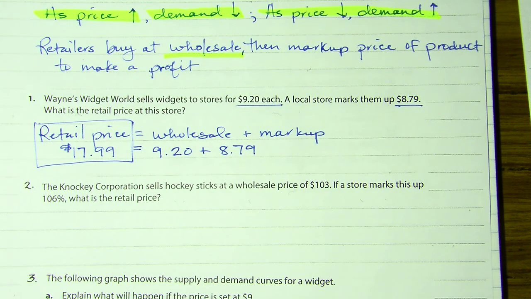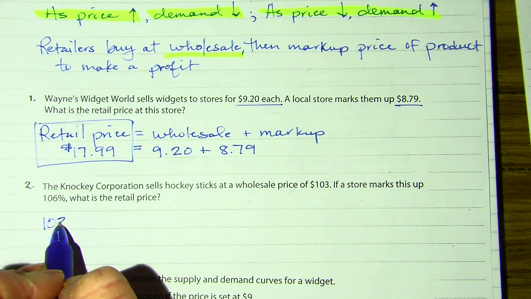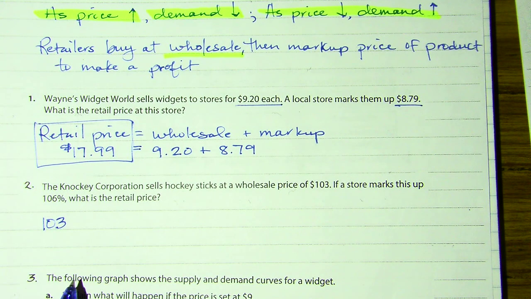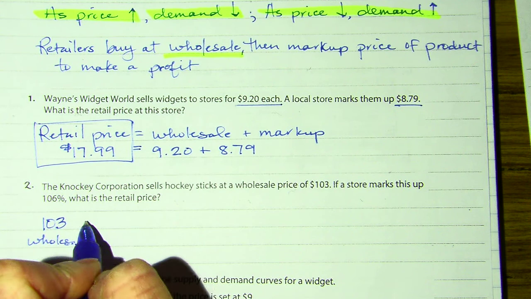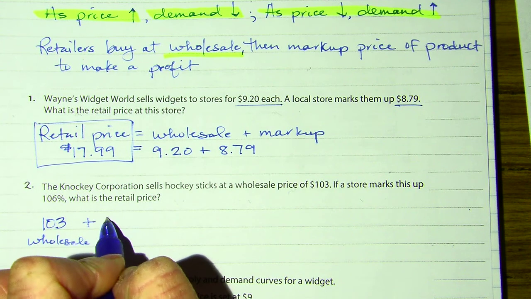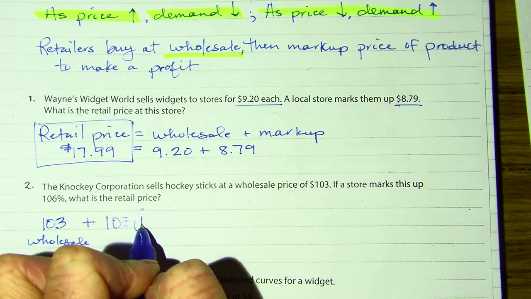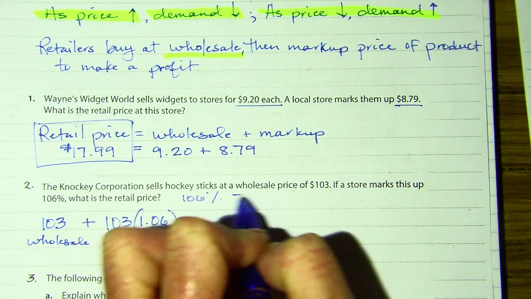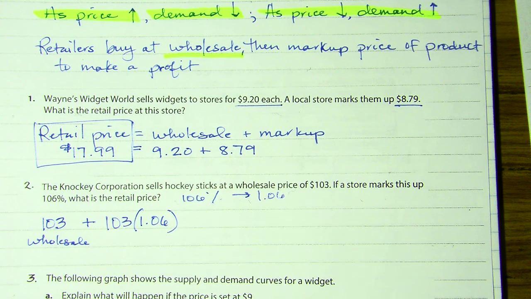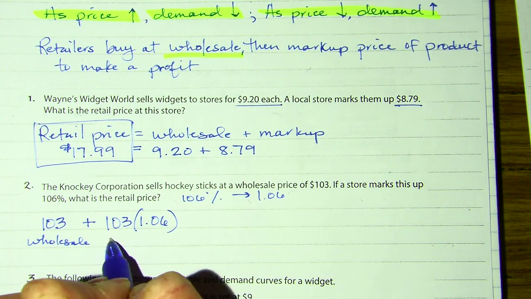The Noki Corporation sells hockey sticks at a wholesale of $103. So $103 is our wholesale price. If a store marks this up 106%, what is the retail price? So remember, it's our wholesale plus our markup. So it'd be 103 times 1.06 because 106% would be 1.06 as a decimal. So it's the wholesale plus the markup.